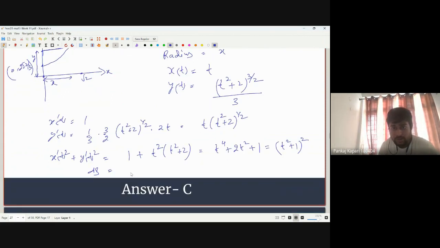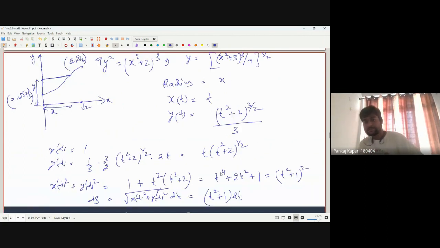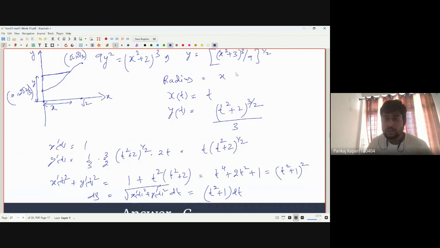And hence, what is the arc length? ds is equal to the square root of x prime t whole square plus y prime t whole square dt, which is precisely equal to (t square plus 1) dt. Note that x varies between 0 and root 2, and x is equal to t, so t also varies between 0 and root 2.